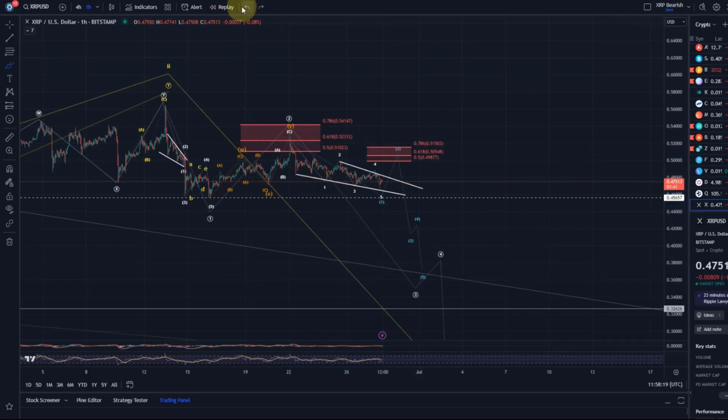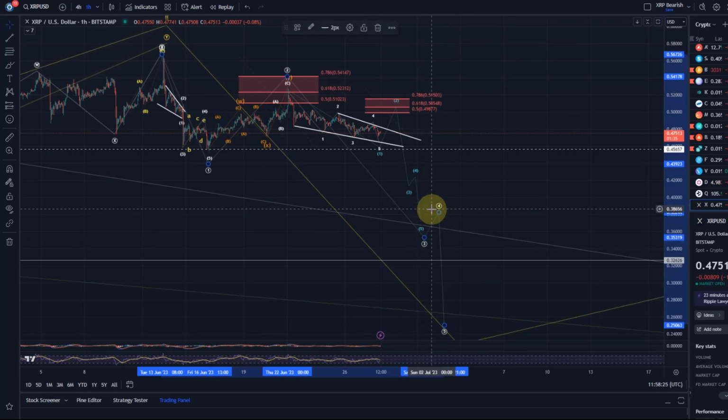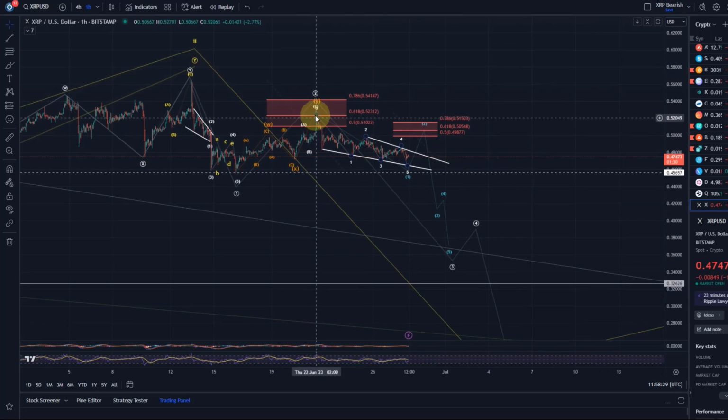And that's why I mentioned in the previous video I expect this wave count to morph and to change. I'm not entirely convinced that this is indeed the wave 1 of the wave 3. Leading diagonals in a wave 3 rarely happen, but they do happen in crypto. So I'm very much open to the idea that this could be something different.